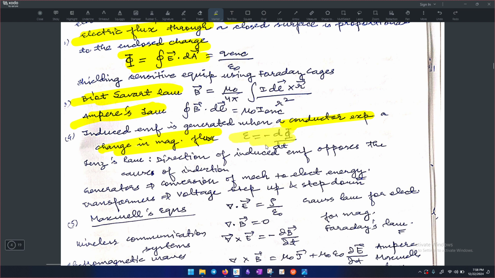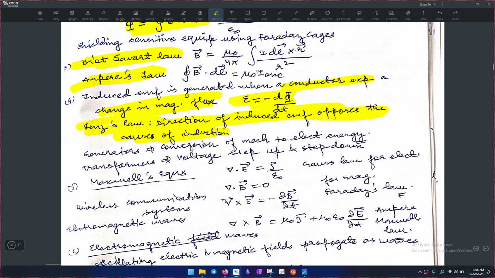Epsilon is equal to minus d phi by dt. Lenz's law: direction of induced EMF opposes the cause of induction. Generators are used for conversion of mechanical to electrical energy, and transformers are used for voltage step up and step down.